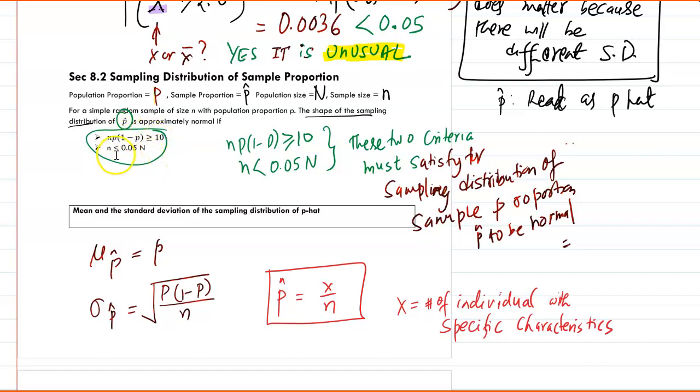The second criterion is n should be less than 0.05 of uppercase N. If these two criteria are satisfied, the sampling distribution of sample proportion is approximately normal. These two criteria must be satisfied for the sampling distribution of sample proportion p hat to be normal. Again, p hat is sample proportion.